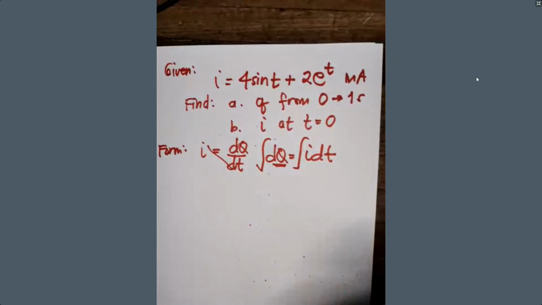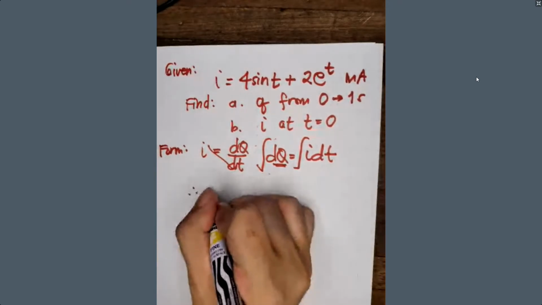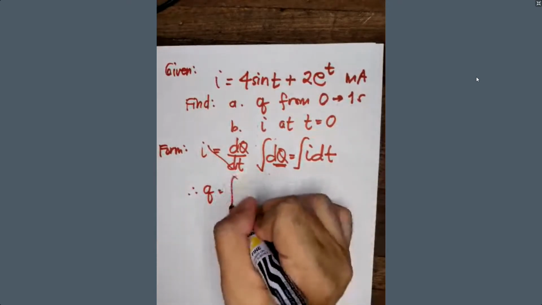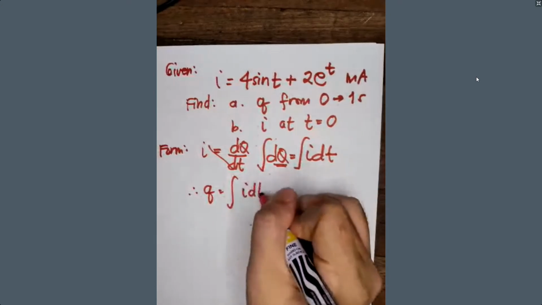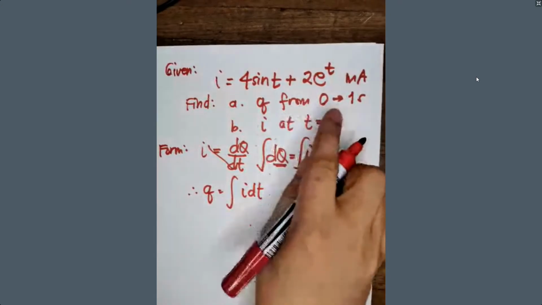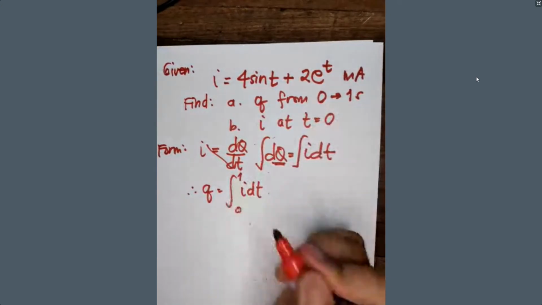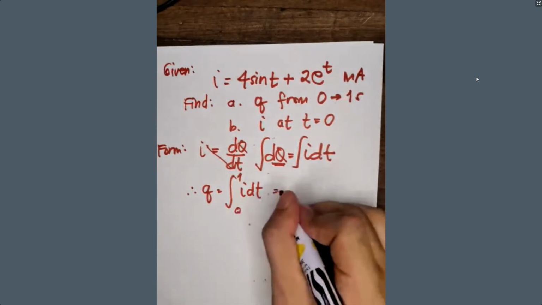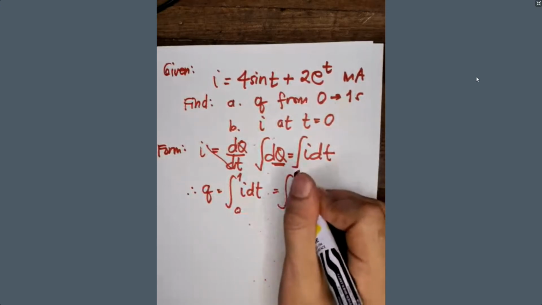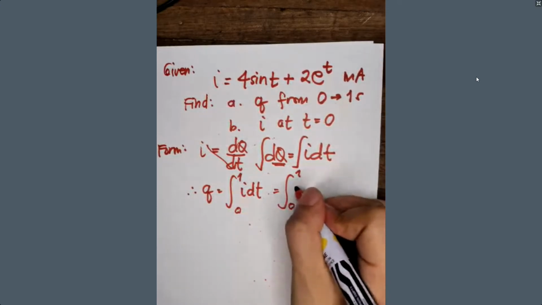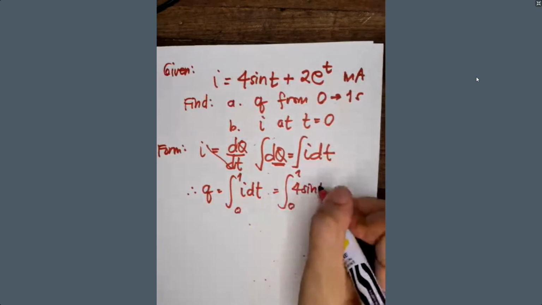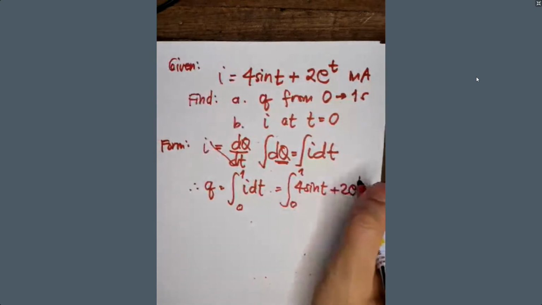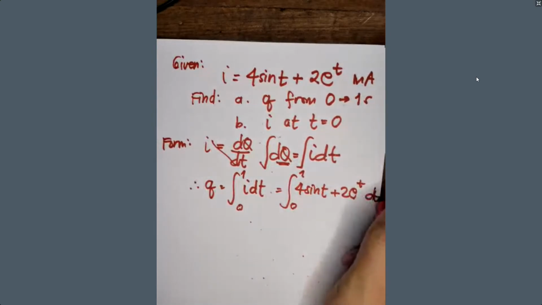So therefore, q is equal to the integral of I dt, and the limit is from 0 to 1. So what's I? I is 4 sine t plus 2 e raised to t dt.